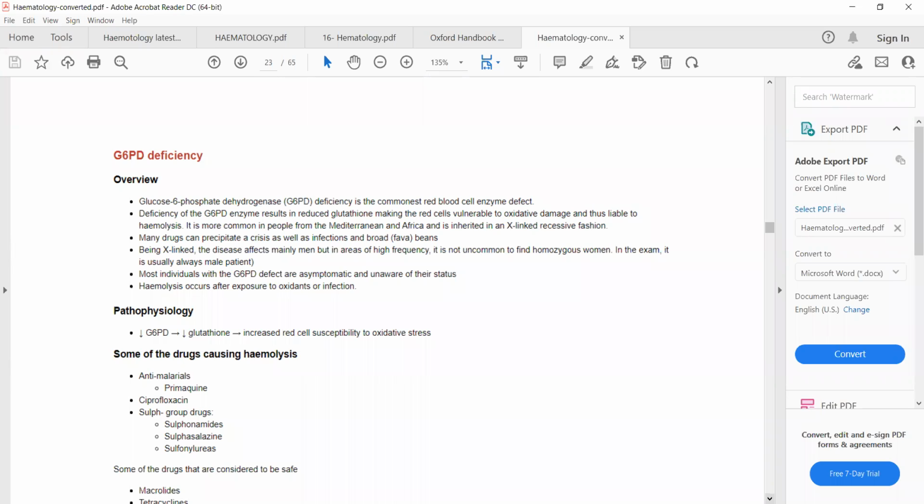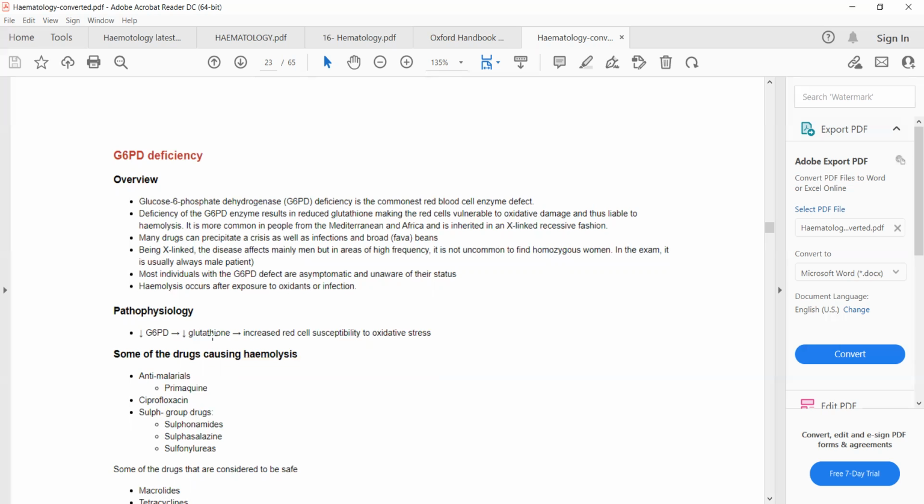It is the commonest red blood cell enzyme defect. Remember that whenever there is deficiency of G6PD enzyme, it results in reduced glutathione. G6PD enzyme is required for the formation of glutathione, and glutathione protects the cell against oxidative stress.